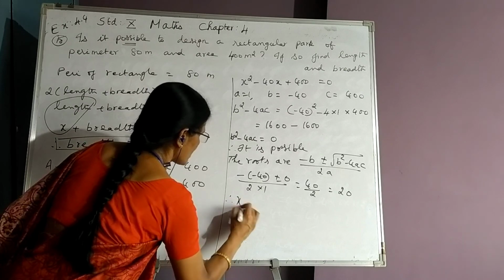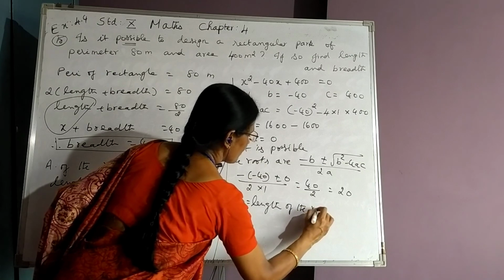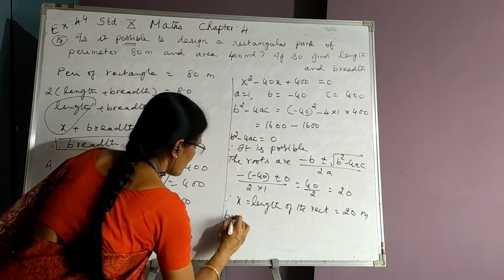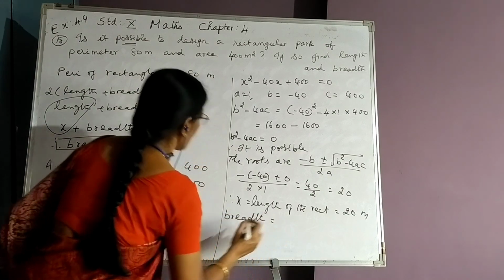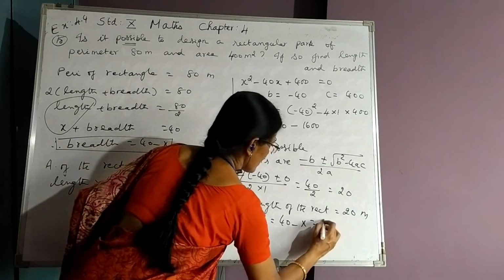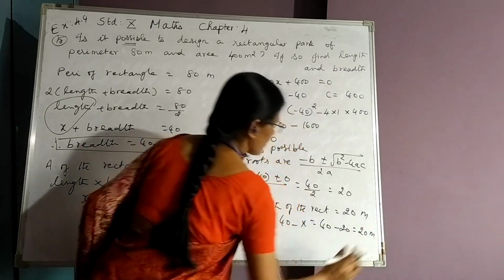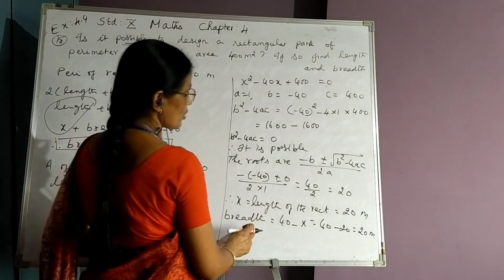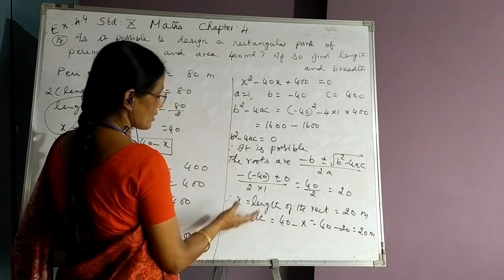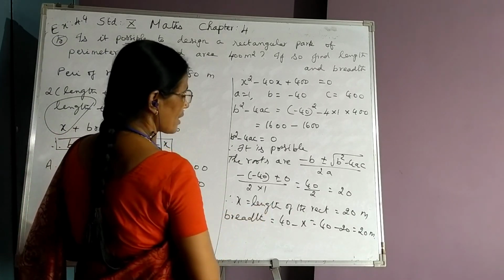Therefore, x, which is the length of the rectangle, is equal to 20 meters. Breadth is 40 minus x, which is 40 minus 20, equal to 20. So here the length and breadth of the rectangle are equal. Therefore, in this particular case, the rectangle becomes a square, because the length and breadth are equal.